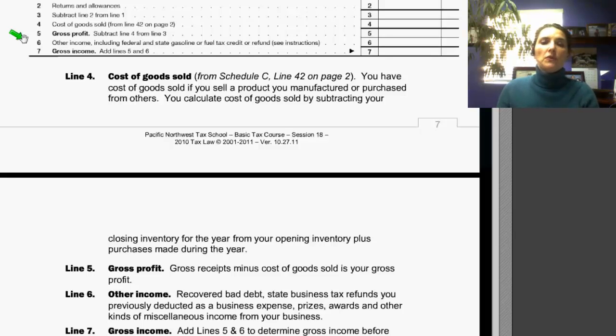If you have an entry in Part 4 of Form 4797, that would carry over to line 6 of your business and get entered on that line. Finally, on line 7, you have your gross income from the business. Other items that you would enter on line 6 include things like recovered bad debt, state business tax refunds you previously deducted as a business expense, prizes, awards, and other kinds of miscellaneous income from your business.